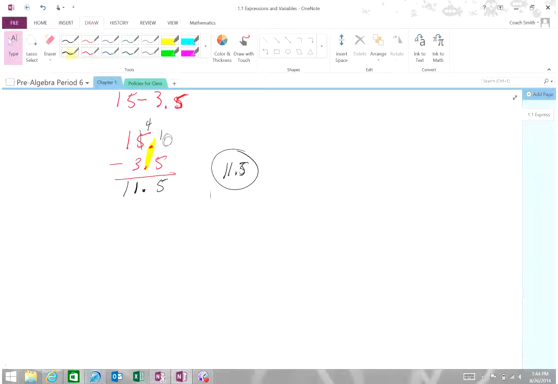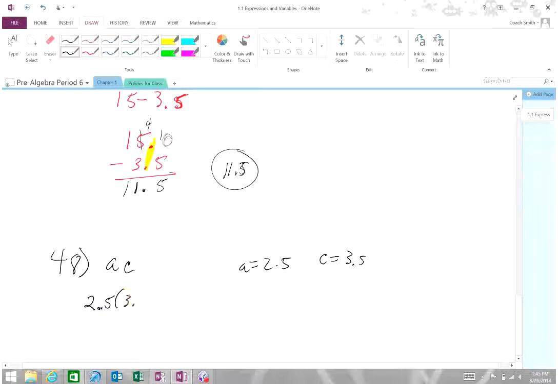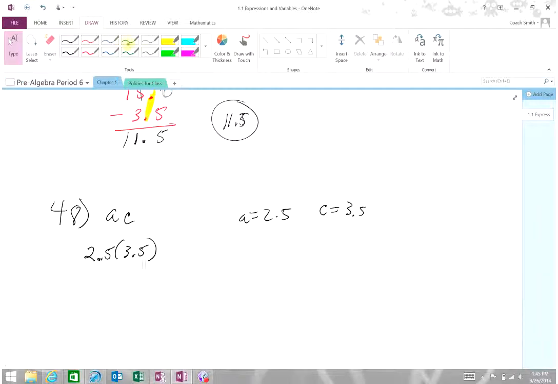All right, let's look at 48. 48 says AC. So it says basically A times C, where A is equal to 2.5 and C is equal to 3.5. So I have to take 2.5 times 3.5.